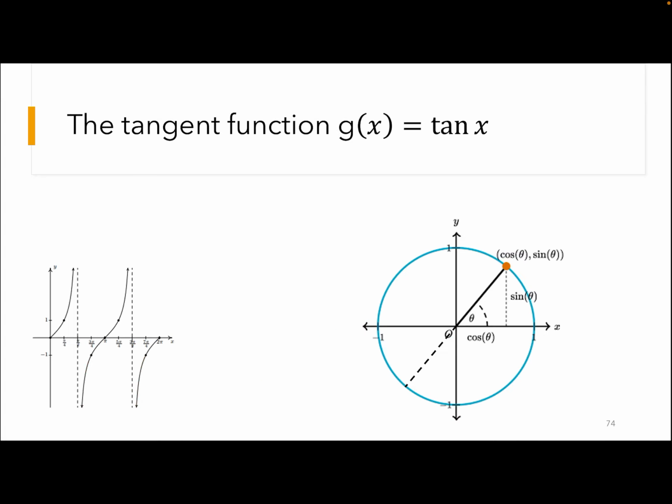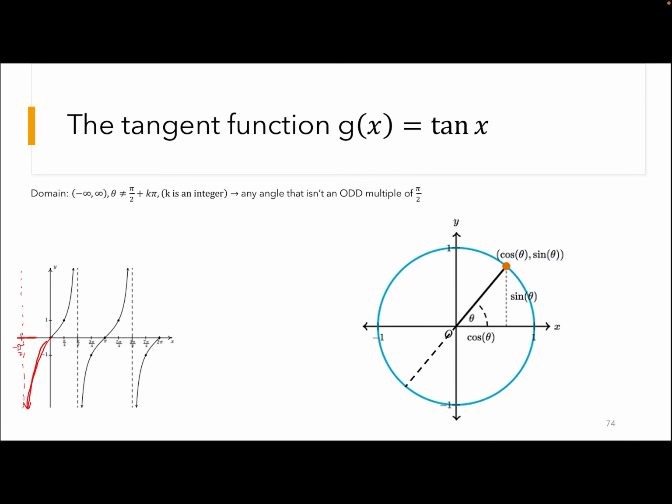The tangent function. So we have not talked about the graph of the tangent function. It is here below. If we extend our number line, we'll say this is negative pi over 2, and we'll add a vertical asymptote here. So if we continue the graph of tangent, notice that from negative pi over 2 to pi over 2, the graph is the same as from pi over 2 to 3 pi over 2.